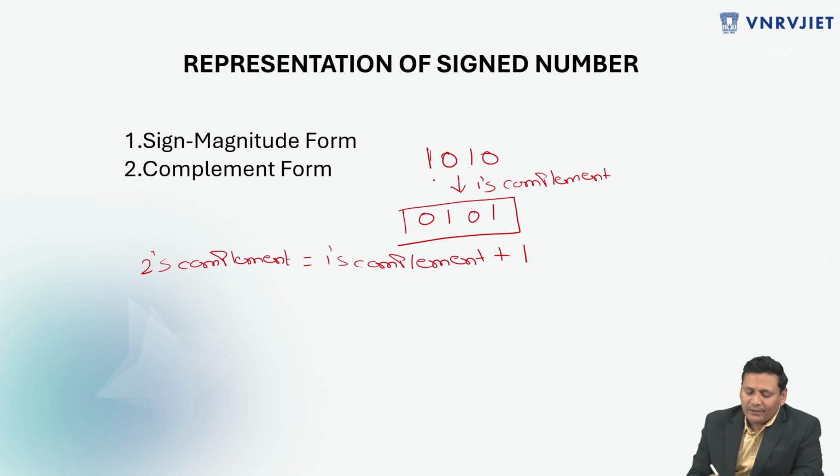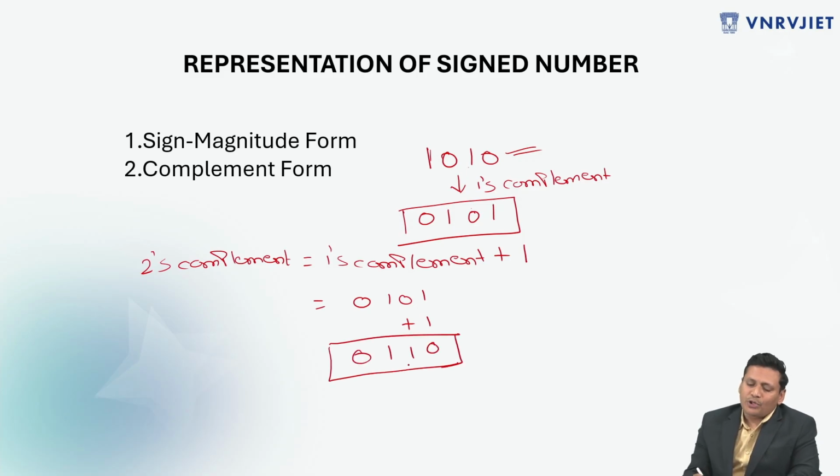Now if you want to find the two's complement of this 1010, two's complement is one's complement plus 1. So 0101 plus 1. Clear? So it will be 0110. So the 2's complement of 1010 is 0110.